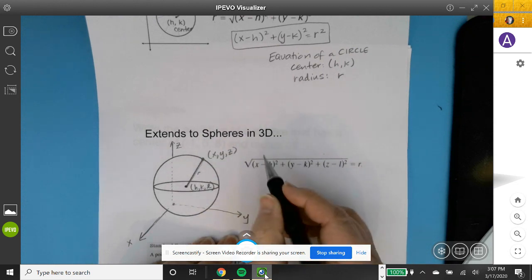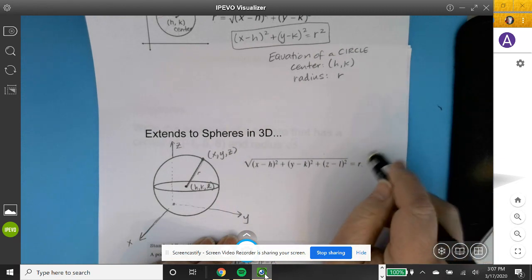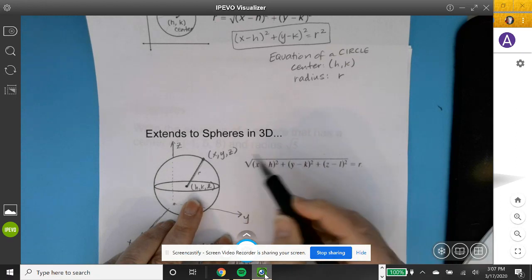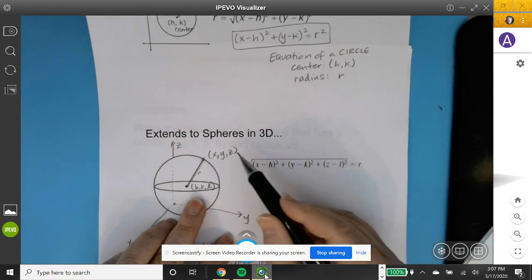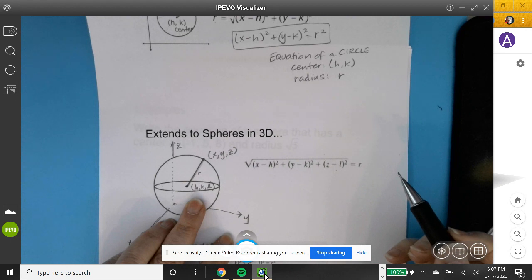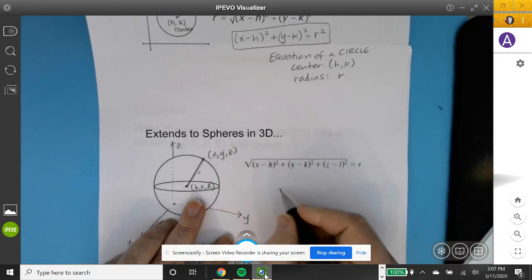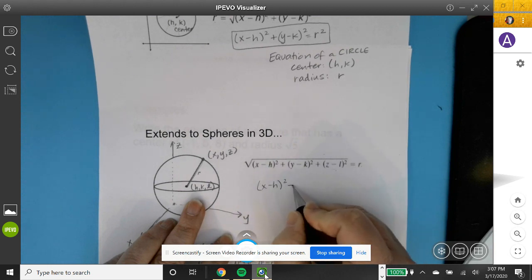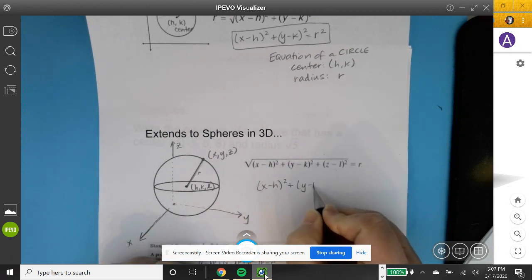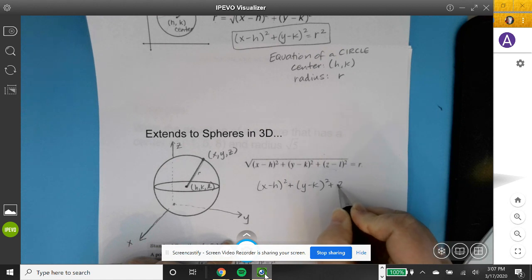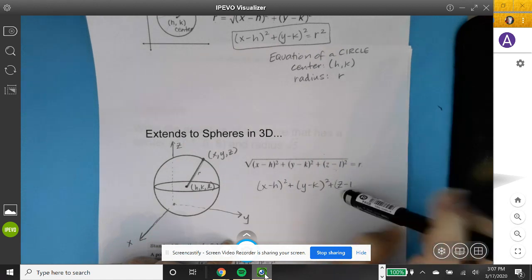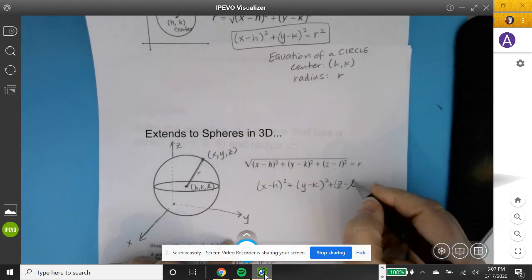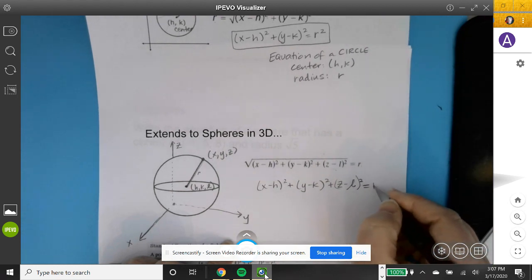Instead of D, we'll use R equals the square root of X minus H quantity squared plus Y minus K quantity squared plus Z minus L quantity squared. If we square everything, that gives us X minus H quantity squared plus Y minus K quantity squared plus Z minus L quantity squared equals R squared. The L's look like 1's, so I'm going to make it cursive.